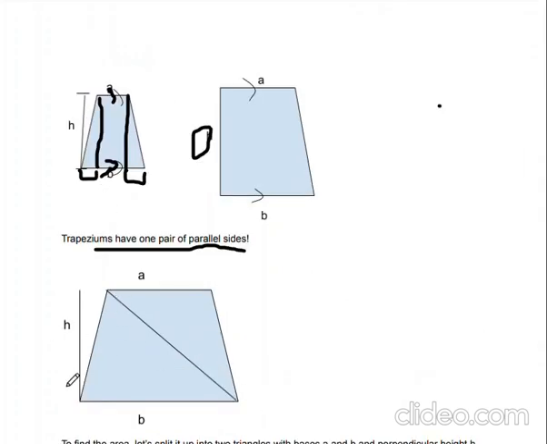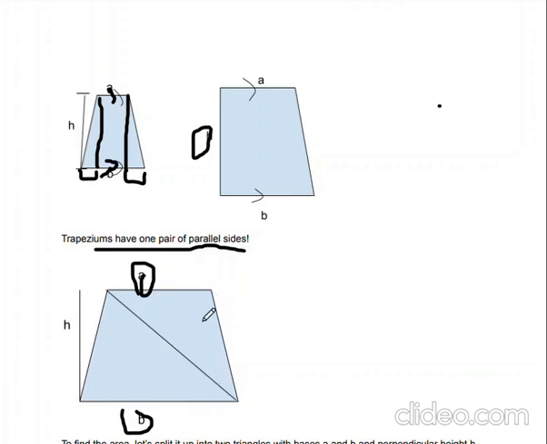You have this triangle right here, and you have this triangle right here. This triangle has a base of A. This triangle has a base of B, and they both, this is the kicker here, they both have a perpendicular height from the base of H. If you look at the triangle, that's the base, and that's the perpendicular height.